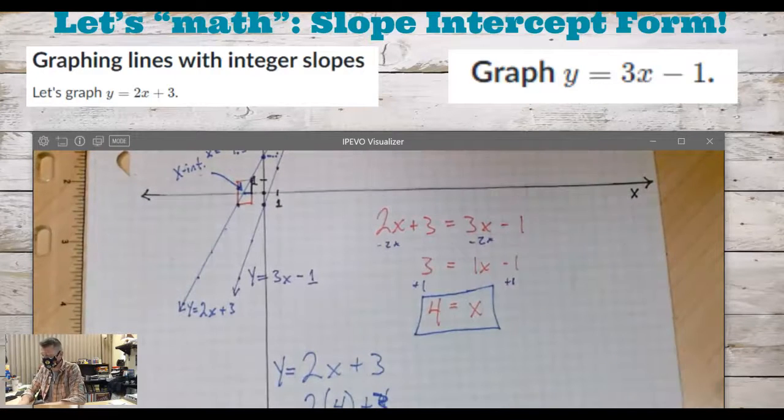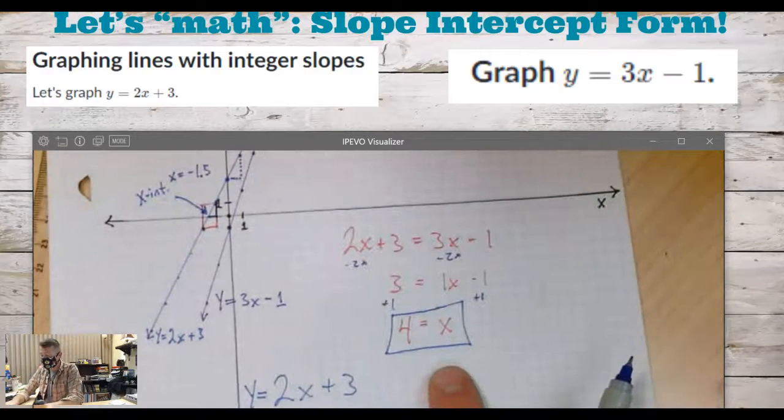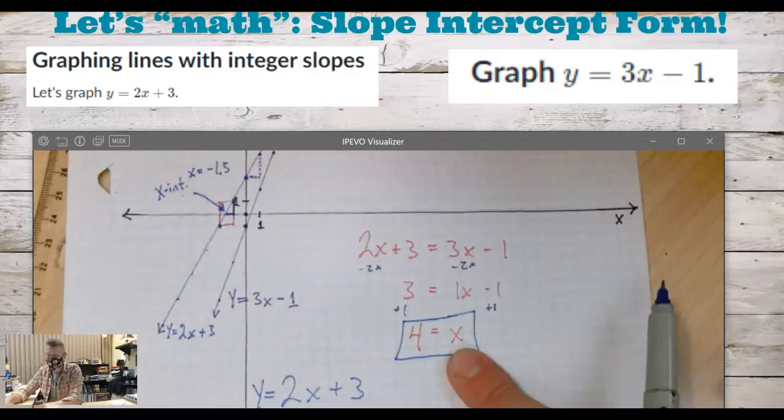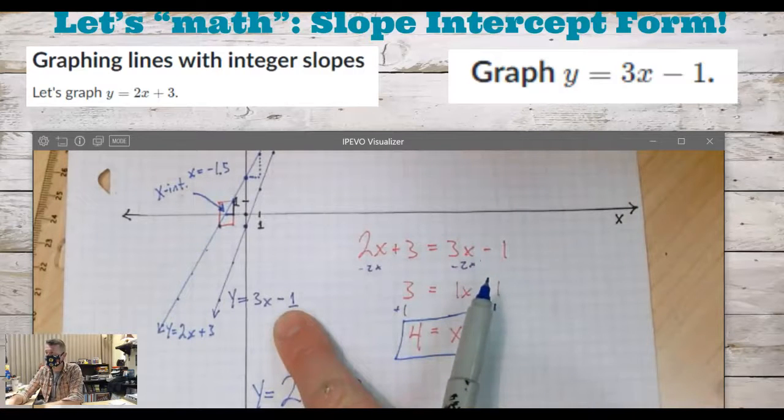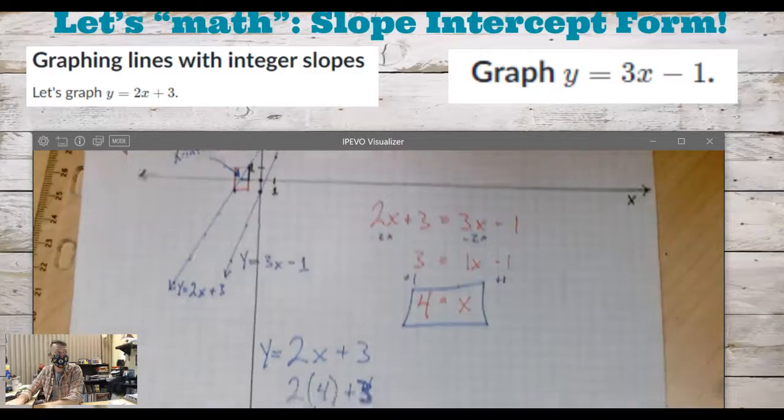No, there is no more. That's it. Oh, wait, but wait, there's more. If we plugged this into purple, we'd get the same answer. We would get 11.